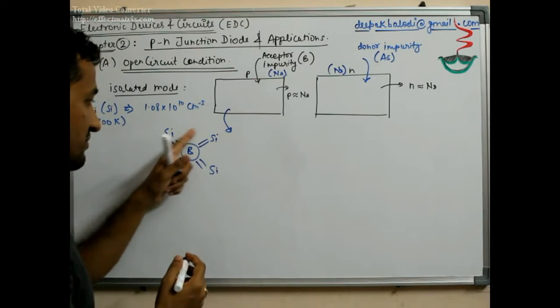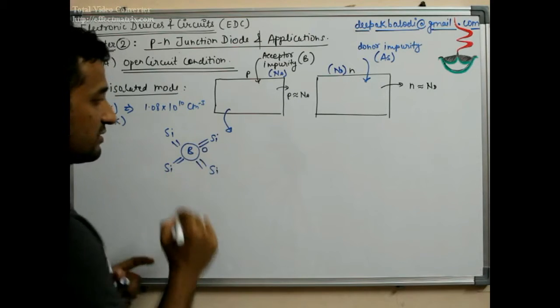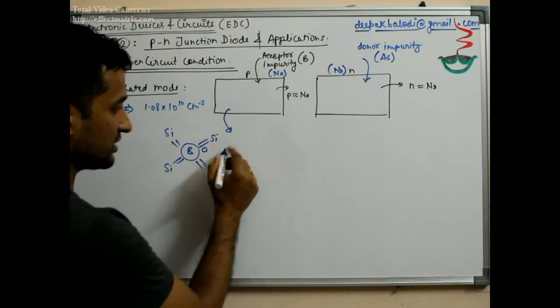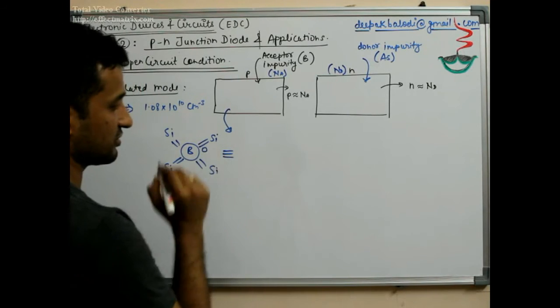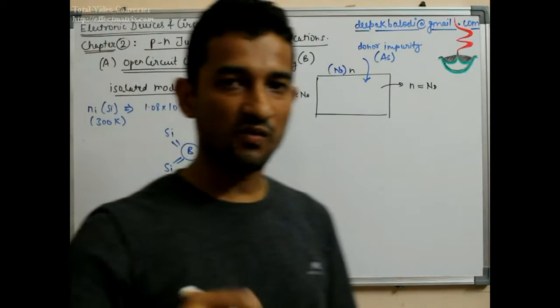So if it makes 4 covalent bonds, then it is assumed to have 1 free hole associated with it.